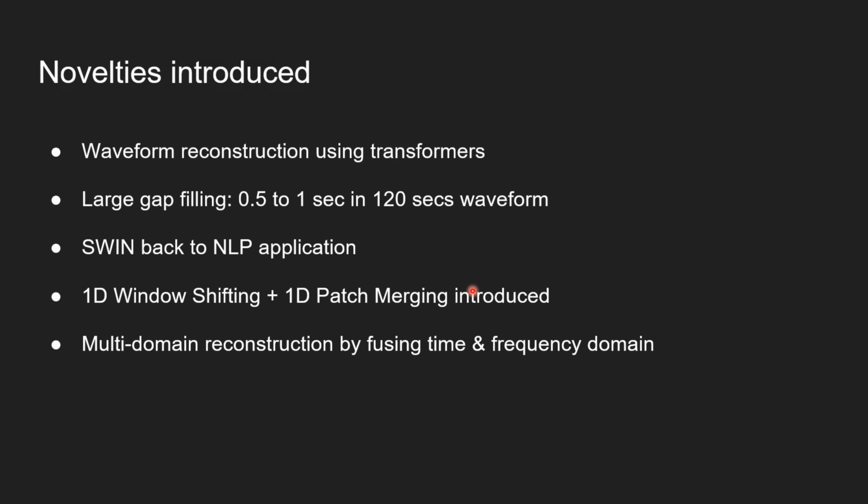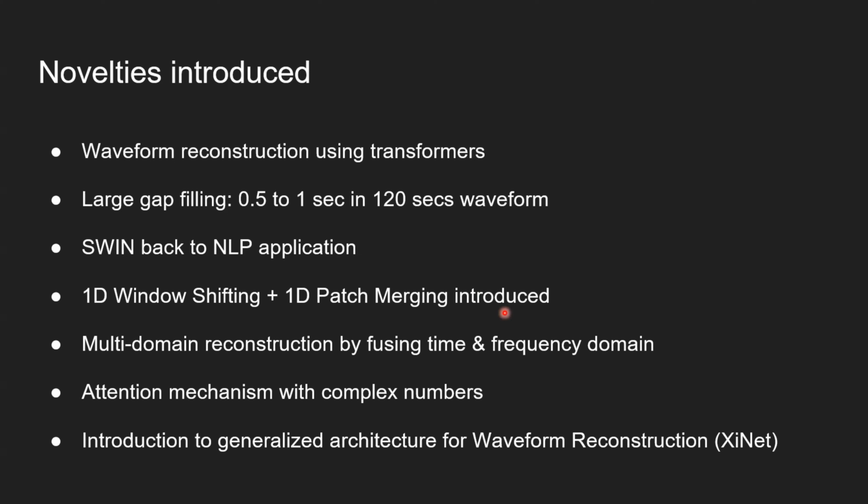We have used multi-domain reconstruction, so we are using both time and frequency domain patterns. And our transformer is doing the attention with complex numbers. So that's another plus. And these were all the introductions of the generalized architecture for waveform reconstruction.